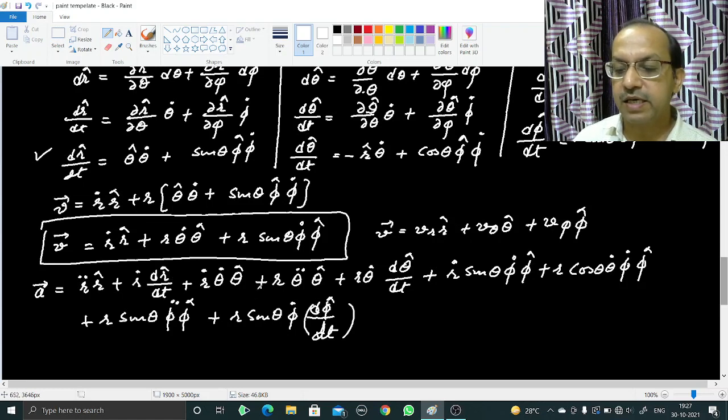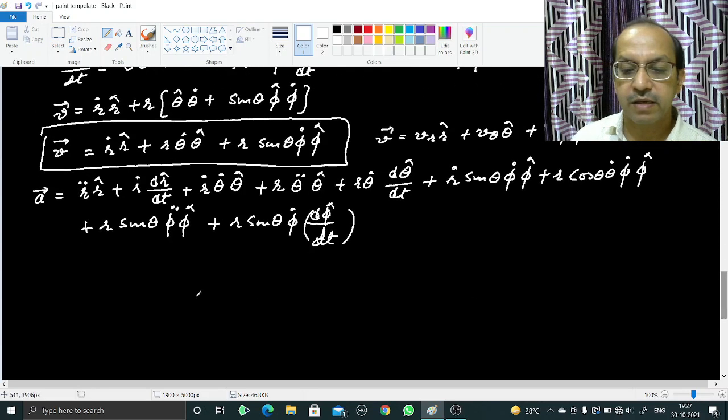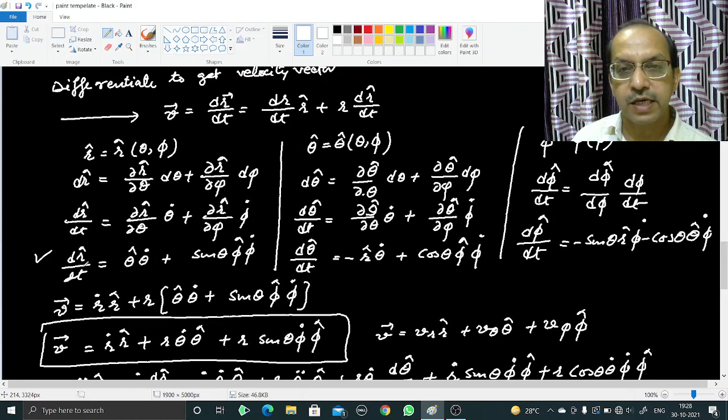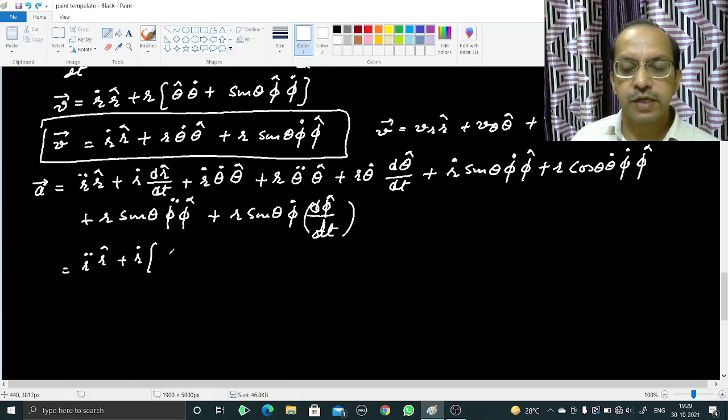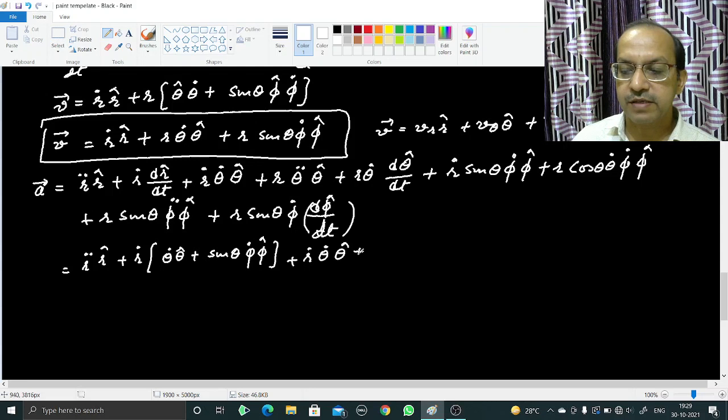Now we will put the values of dr cap dt, d theta cap dt and d phi cap dt. So it will be equal to r double dot r cap plus r dot times dr cap dt, and dr cap dt is theta dot theta cap plus sin theta phi dot phi cap, plus r dot theta cap plus r theta double dot theta cap plus r theta dot times d theta cap dt.